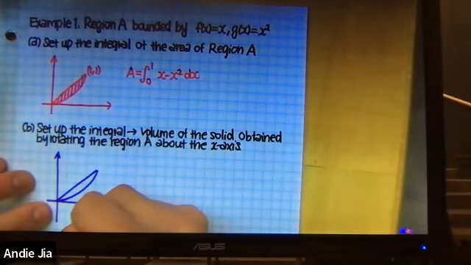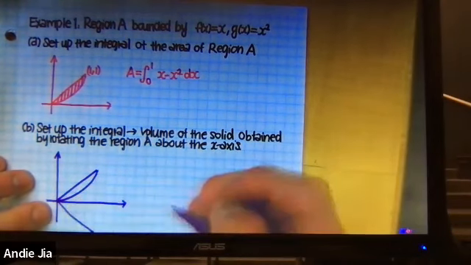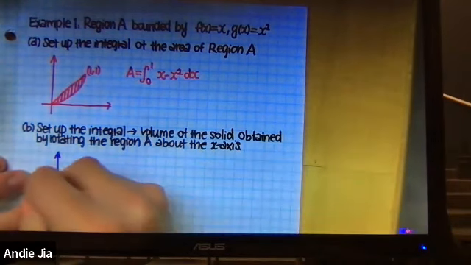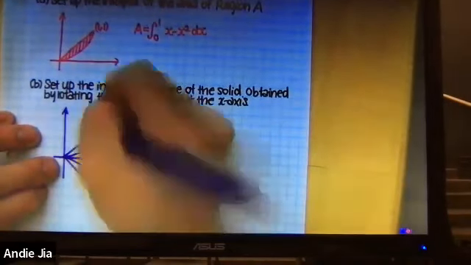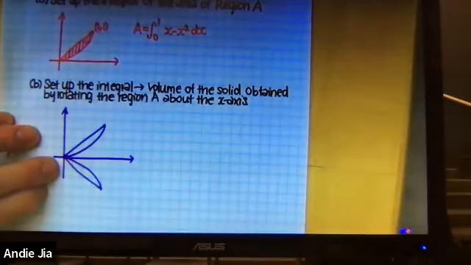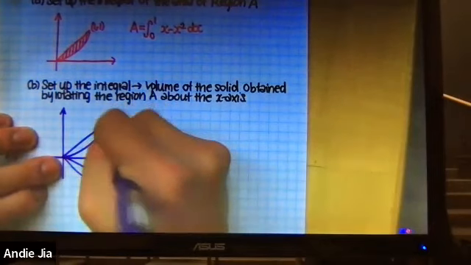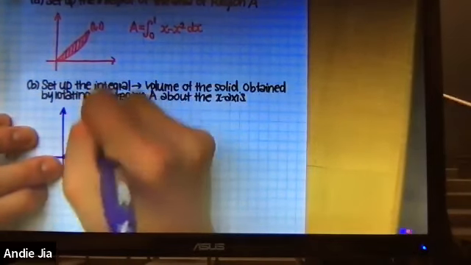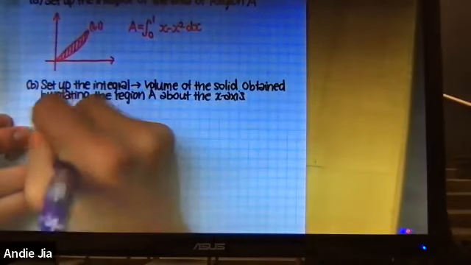It's probably like this. Well, it's not the best washer, but it's a purple washer. And this is the x-axis. This is the sketch of the region. And this is the area.